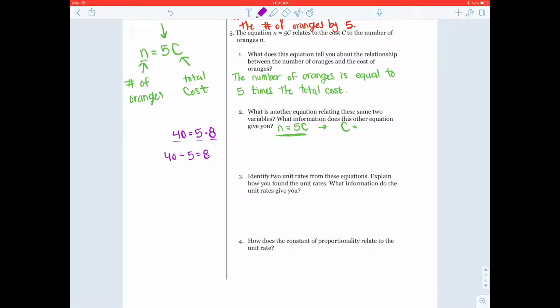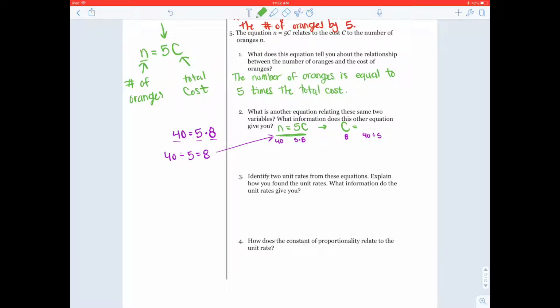We're going to apply the same logic to our equation. So if n is 40, 5 stays the same, and c is 8, let's rearrange this so that we have c. We said that 8 is equal to 40 divided by 5.